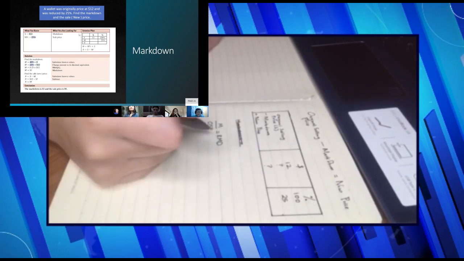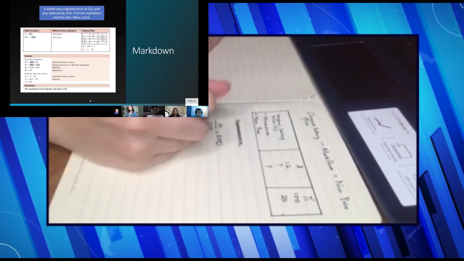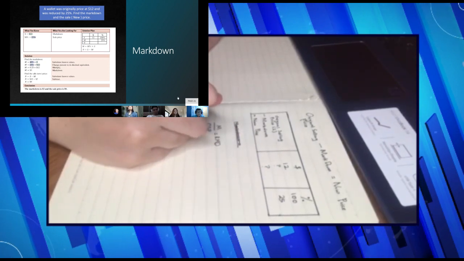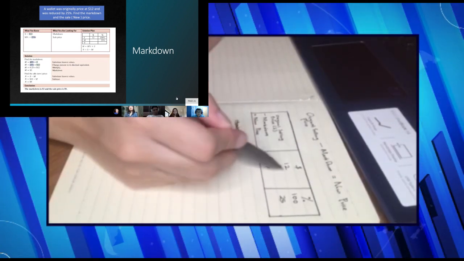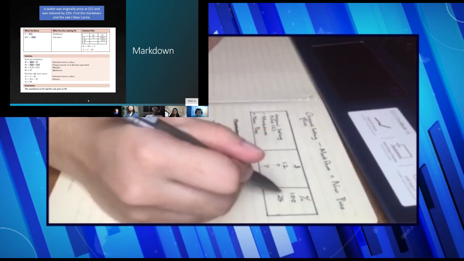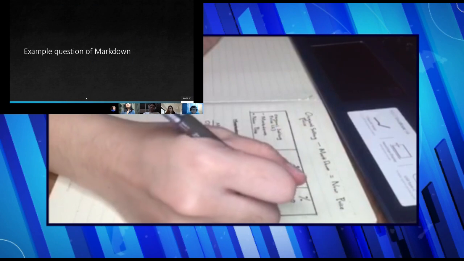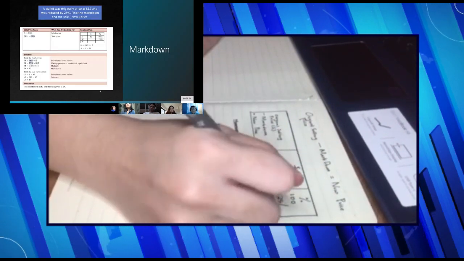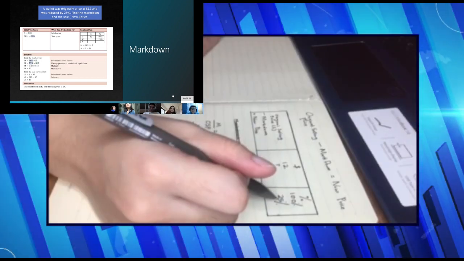The markdown we don't know, so we put it as X, divided by the original selling price 12, equals the rate of markdown. The rate of markdown is 25%, so we change 25% to a decimal.